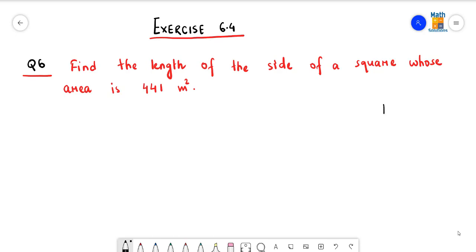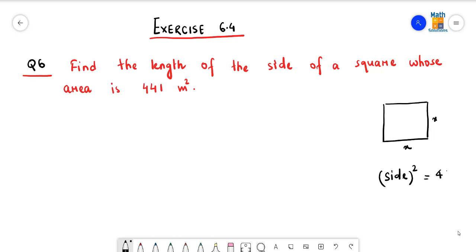So if this is the square, a square has all equal sides, yes or no? So we also know that the formula for finding out the area of a square is equal to side square. Means if I consider the side to be x here, this will be x square.